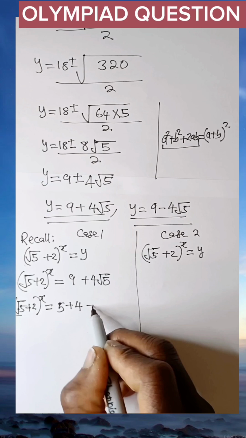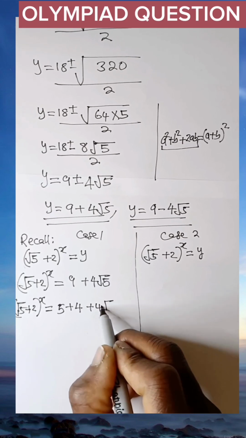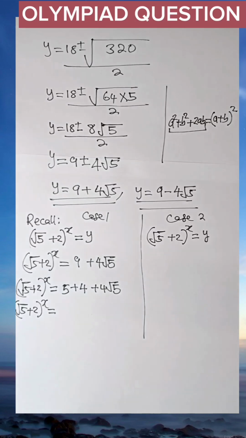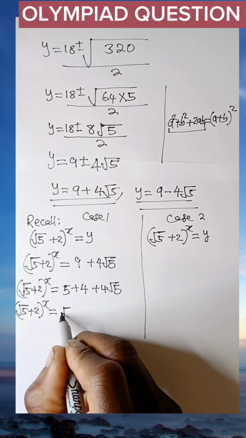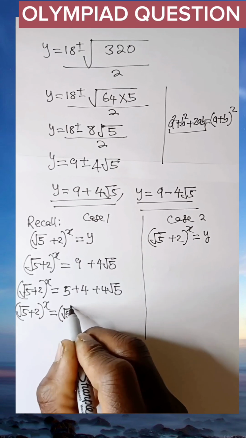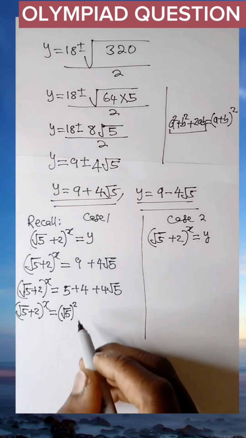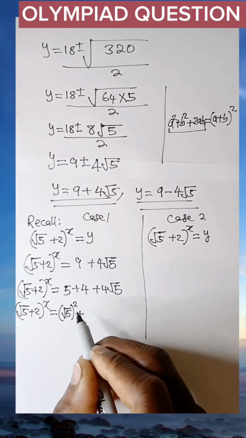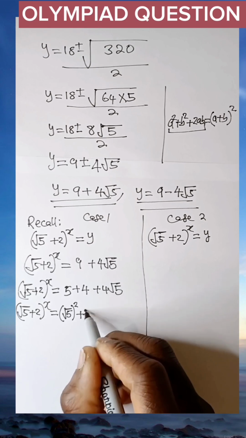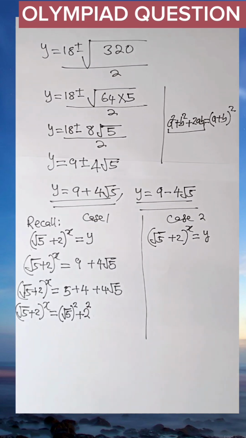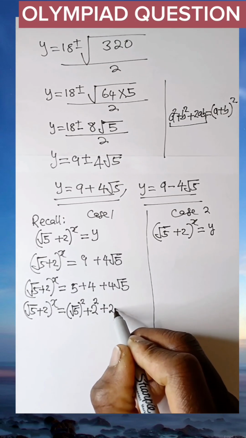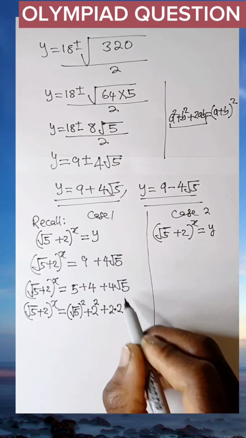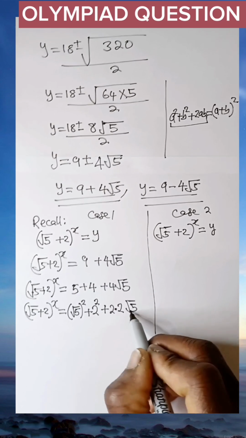Then we have plus 4 times the square root of 5. We can express this 5 as the square root of 5 squared, plus we can express 4 as 2 raised to the power of 2, and here we can express 4 as 2 times 2, times the square root of 5.